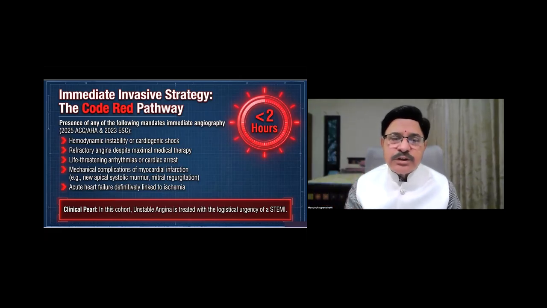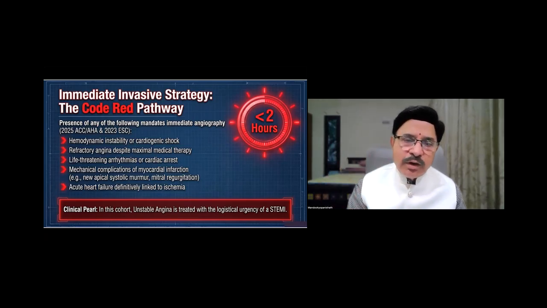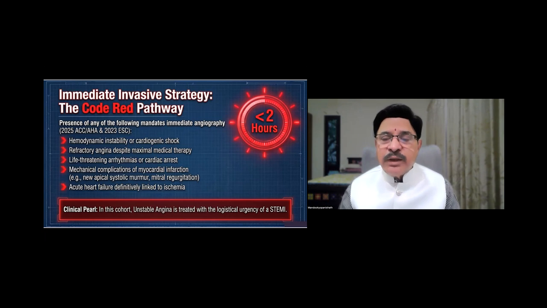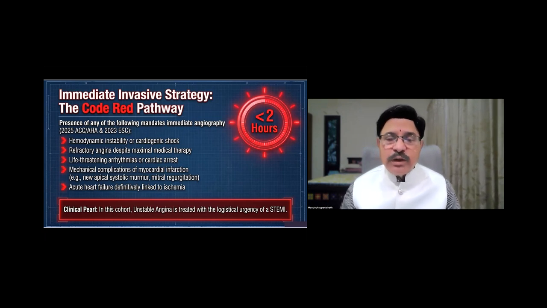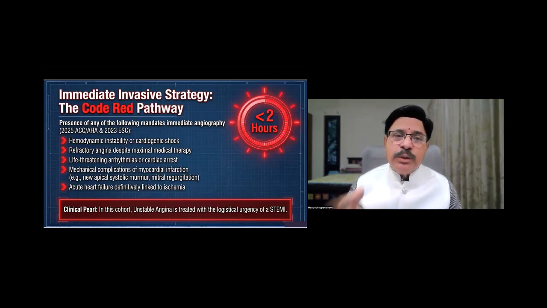Mechanical complications like a new apical systolic murmur, papillary rupture and ventricular septal defect, mitral regurgitation, VSD, or free wall rupture. Acute heart failure definitively linked to ischemia. If you have any one of these 5 variables, he should be treated on par with STEMI, ST segment elevation myocardial infarction. Time is muscle, less than 2 hours, he must be reperfused.